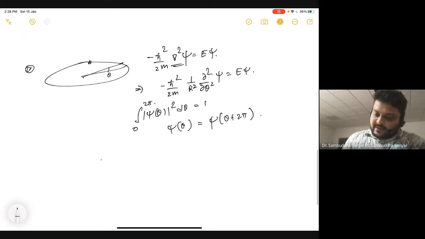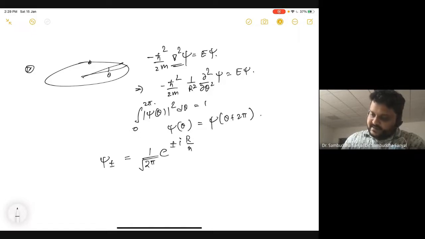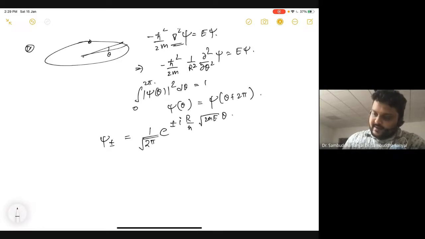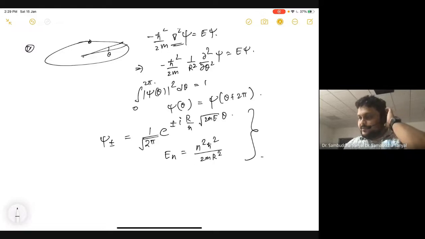So we learned that these two constraints give us two eigenfunctions, which are e to the power plus or minus i times the square root of 2mE over h-bar times theta. And if I calculate the eigenvalues, this is like a left moving mode and a right moving mode.